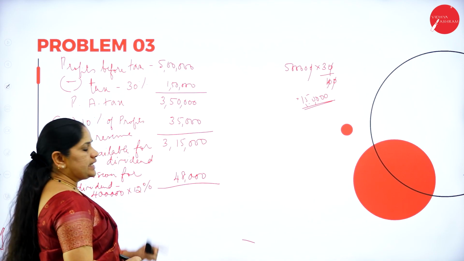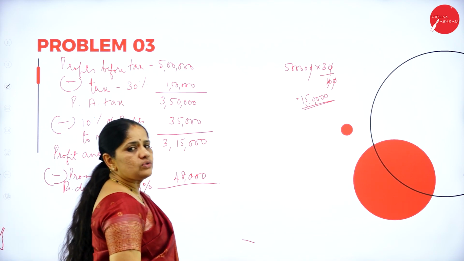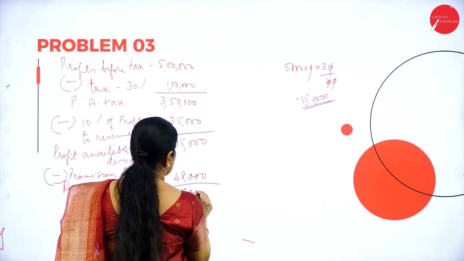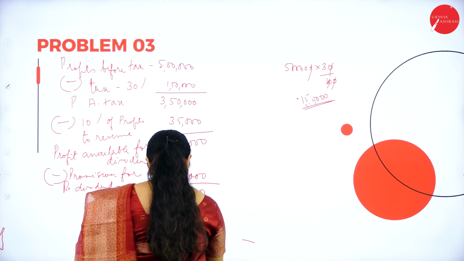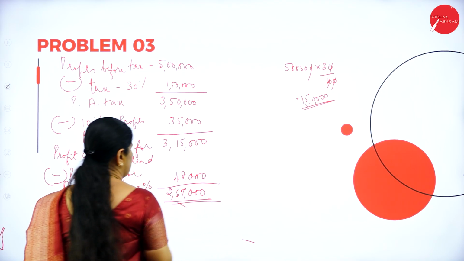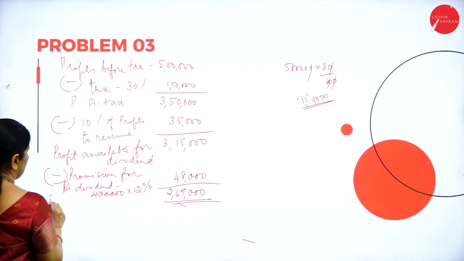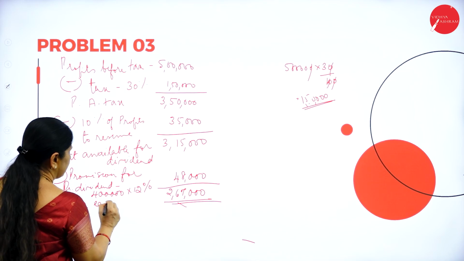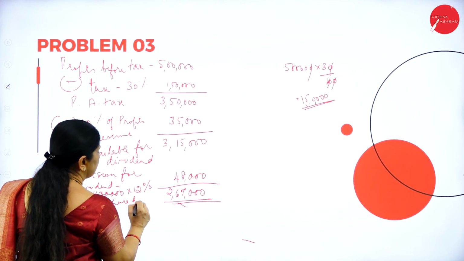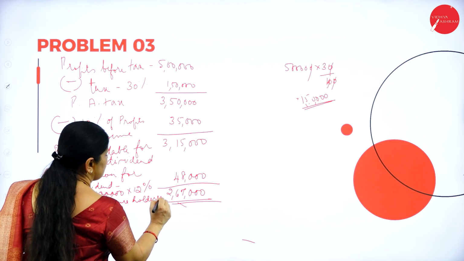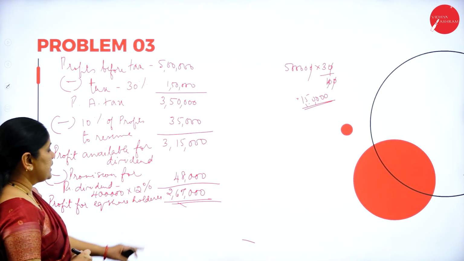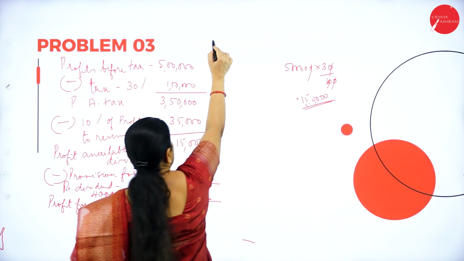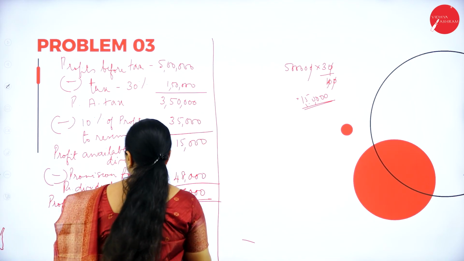So 3 lakhs 15,000 minus 48,000, we get 2 lakhs 67,000. This is profit for equity shareholders. Profit available for equity shareholders is 2,67,000. Now, the next step is we have to calculate the ERR.